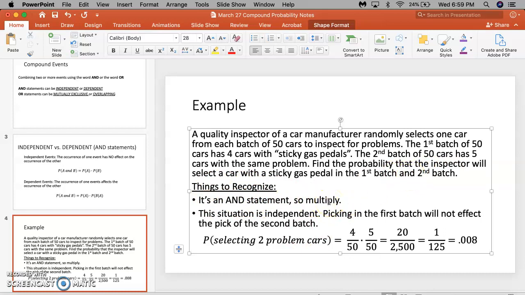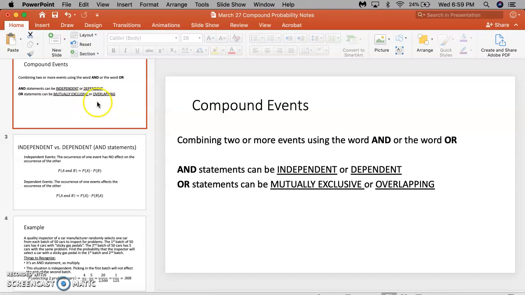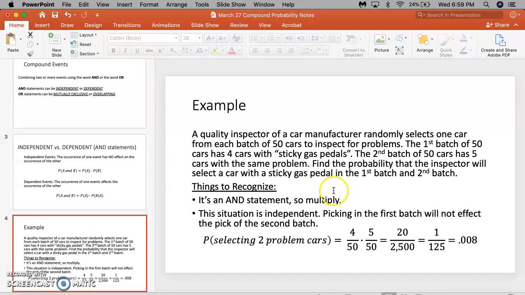The second thing we have to look at is whether it's dependent or independent. Remember, independent means they have nothing to do with each other. Dependent means the first one will affect the second one.